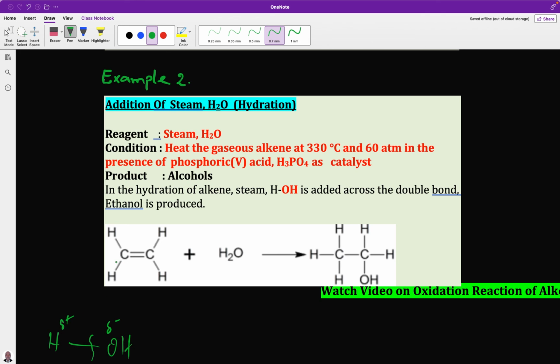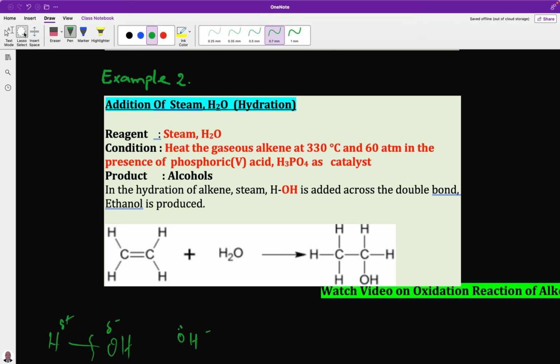Hydrogen attaches itself here to the two pi electrons. Then the lone pair of electrons in this OH will do what? It will be donated to the intermediate that will be formed here. So if this bond is formed here, there will be a partial positive charge here.